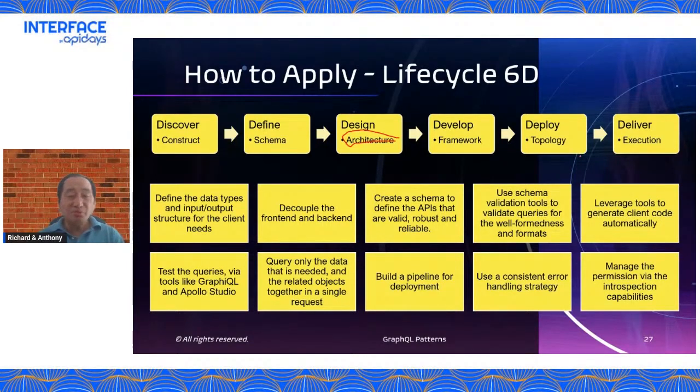Test it well, query the relevant object in one single call. But even though I know, right, GraphQL is much more efficient, avoiding overfetching, you still sometimes want to say, let me combine these things, rather than chatty talk to the server side, and also use a pipeline to automate the deployment, handle the error consistently, and manage permission.